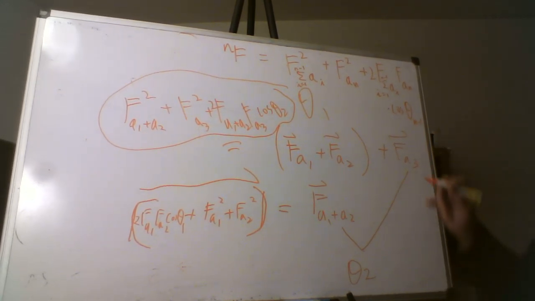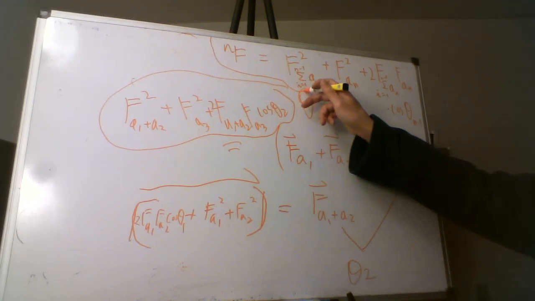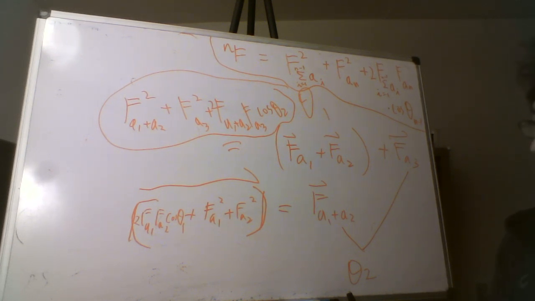We got it, okay? I think that's what it is. That's the summation of n vectors.